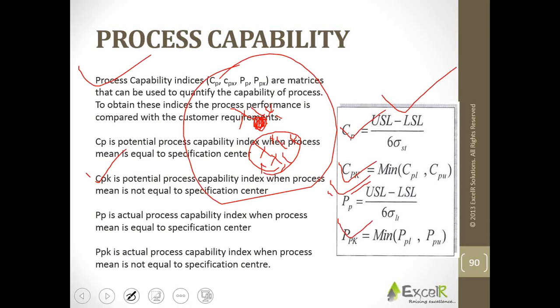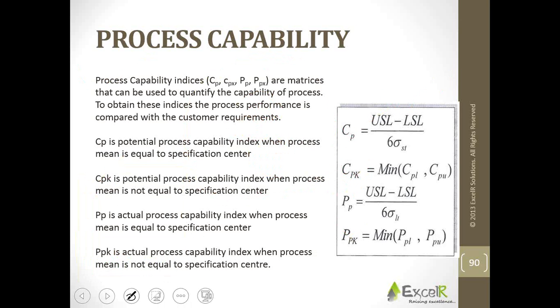CPK means how close is your mean to the target. Now CP and CPK are speaking about potential process capability. That means my process capability might be so much. That is potential. But PP, PPK are actual process capability index.